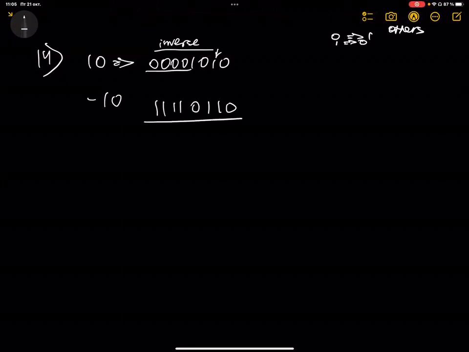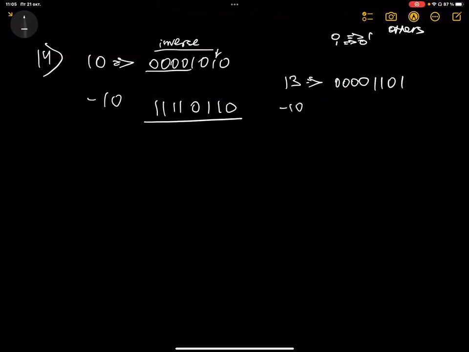So what's going to be 13? Actually, first 4 zeros, because it's 8-bit notation, and then 1 1 0 1. So minus 10 is going to be 1 1 1 1 and 0 1 1 0. And then I'm going to add them. Okay.